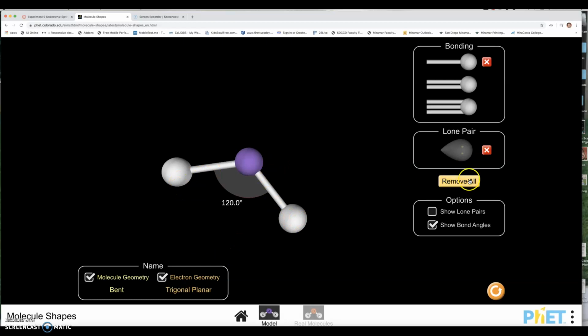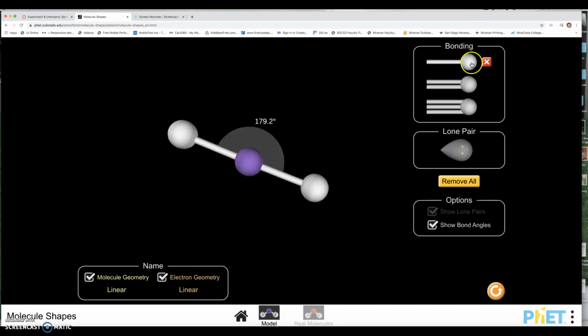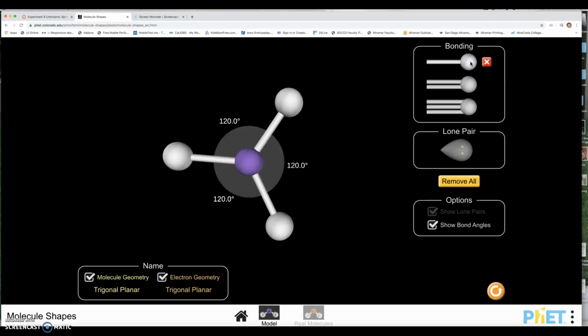So that's something that I wanted to show you: as soon as you incorporate lone pairs, now the molecular geometry changes. And I can remove that lone pair, add another atom, and now I'm back to 120, and I see because the 3 electron groups are atoms, it goes back to trigonal planar.